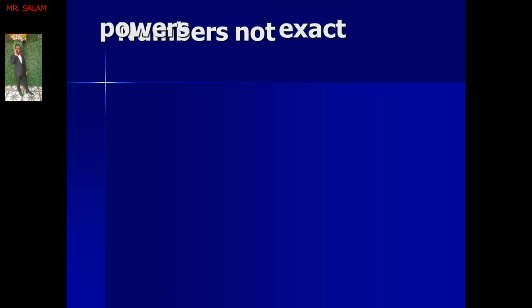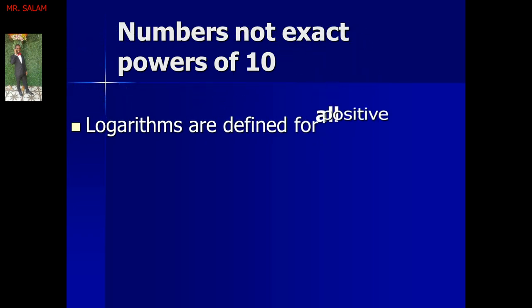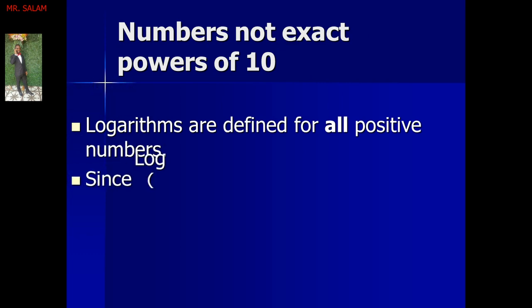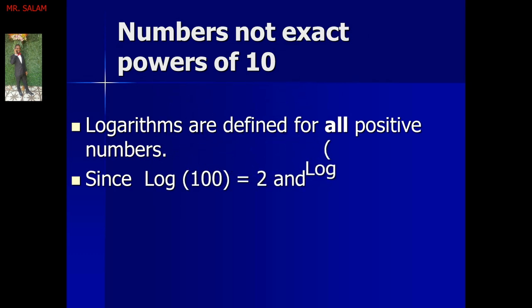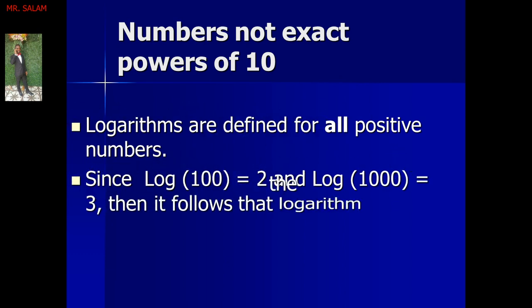So let's look at logarithms of numbers that are not exactly powers of 10. Since I told you earlier that logarithms are defined for all positive numbers, and since the logarithm of 100 is 2 and log of 1000 is 3, let's find the logarithm of 500.